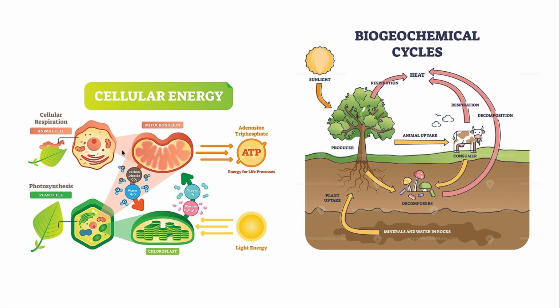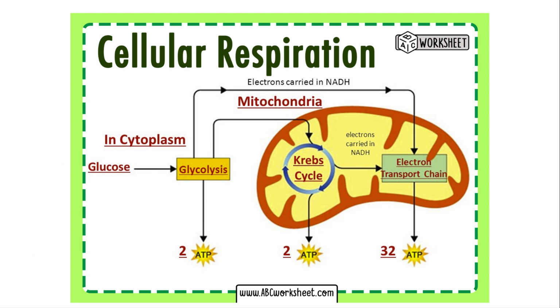So there are steps outside the mitochondria but steps inside the mitochondria as well, and that causes the breakdown of the sugars, releasing energy which is stored as ATP. So from energy of the sun to energy of chemical molecules in ATP. That's the bigger flow of energy in living systems.